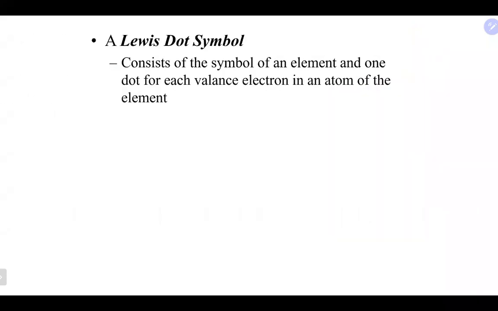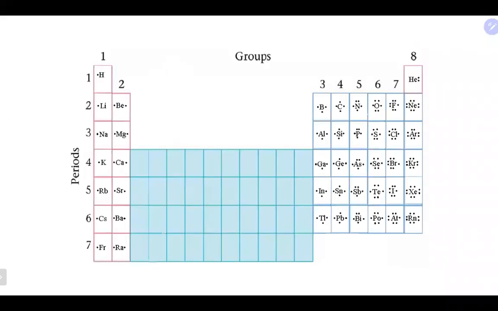Now, as I mentioned, Lewis dot symbol, 1 dot for each valence electron, with an E instead of an A. Here's some examples of Lewis dot symbols. Again, you can see everybody in group 1 has 1, 2, 3, 4, 5, 6, 7, and 8. Again, a reminder that our helium here has only 2 because it has only 2 electrons total.